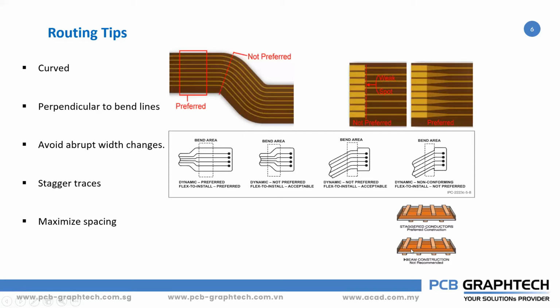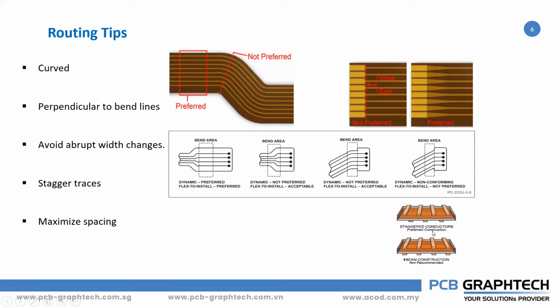But when you go for the I-beam construction below in your flex design, you see the traces one below the other. This is not preferred, and it will give you return path problems. So we don't recommend using the staggered traces in this manner.